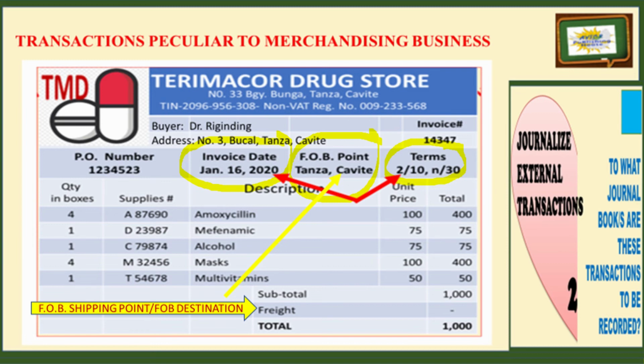Or kung ano ba ilalagay dyan, destination ba? Because malalaman natin sino ang mag-bear ng transportation expense. Itong invoice date at terms para sa cash discount. Itong shipment terms ay para sa transportation expense.